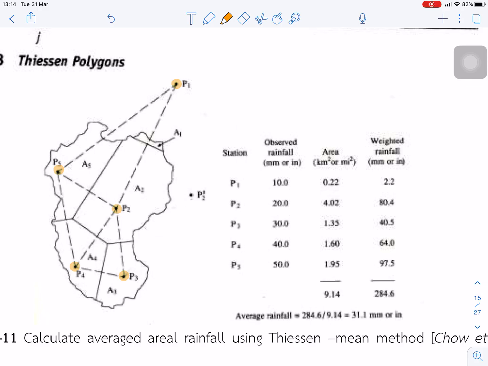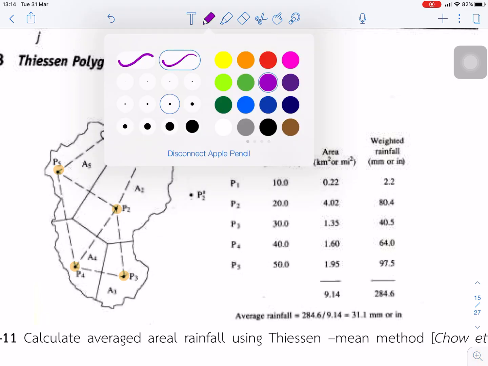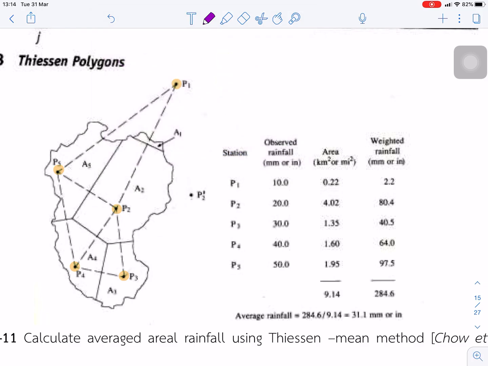And we can draw the polygon area between these stations, so we got this line. It comes from dividing the dashed line, perpendicular to the dashed line and of equal length.